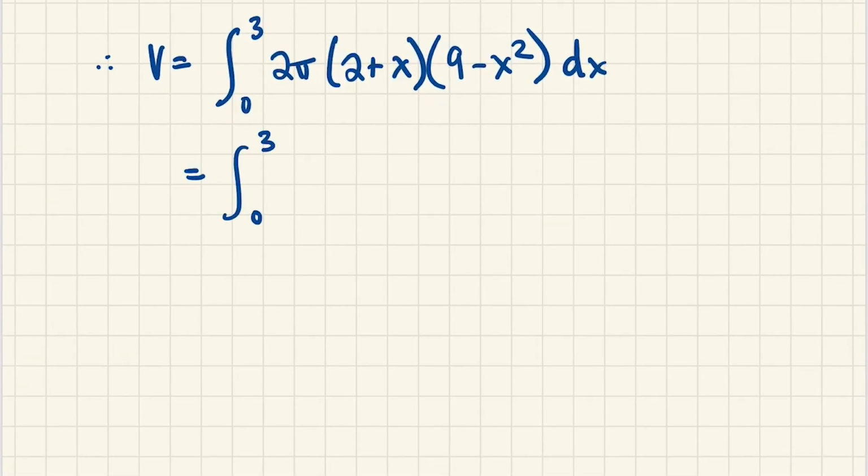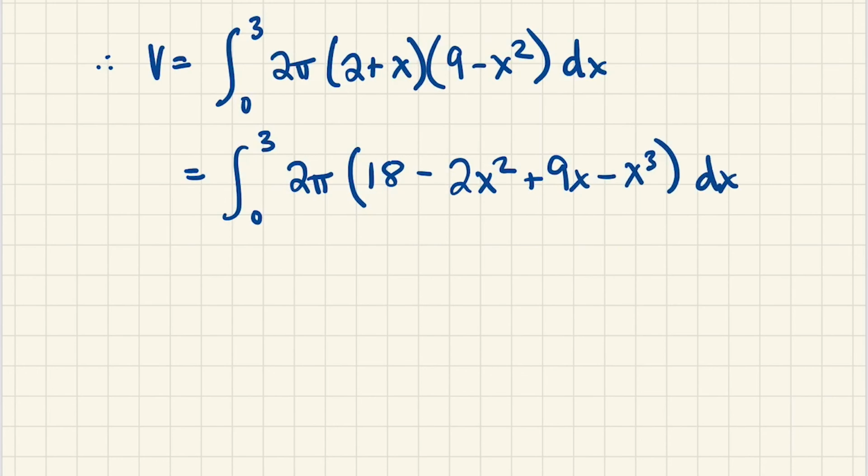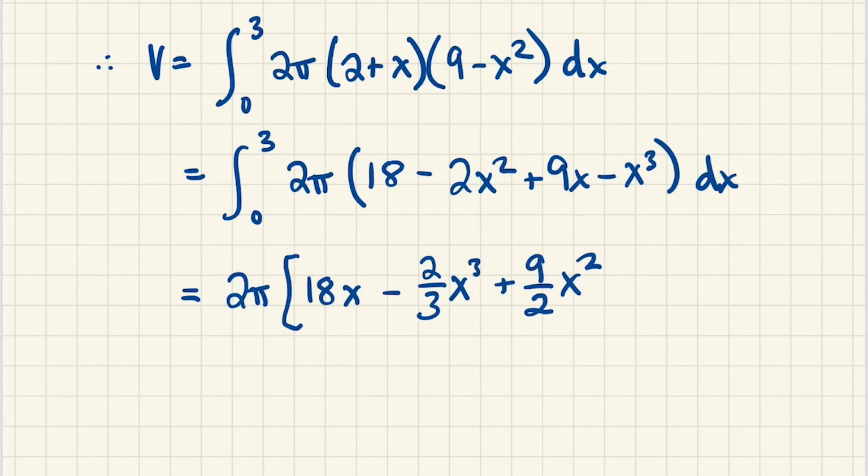I think this is going to call for some foliage. Okay, let's integrate this friendly thing. So 18 integrates to 18x minus 2/3 x cubed plus 9/2 x squared minus 1/4 x to the 4. And our bounds are 0 to 3.